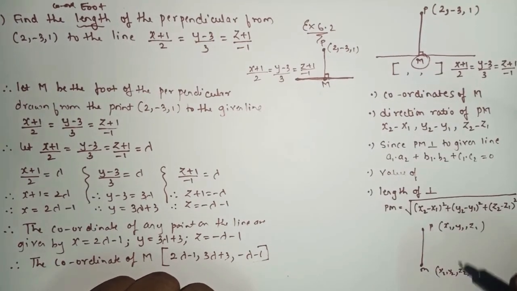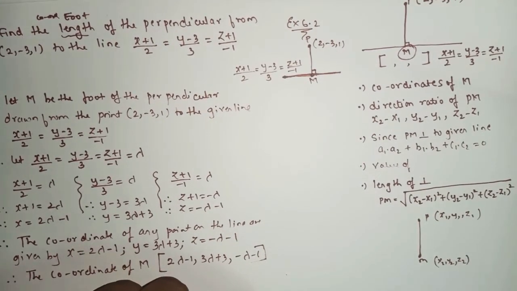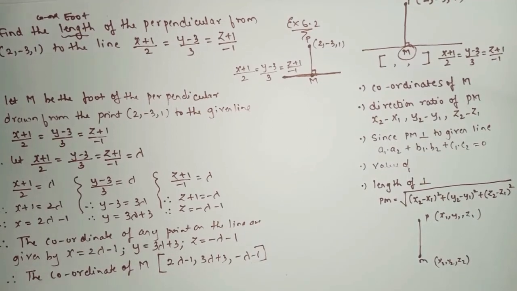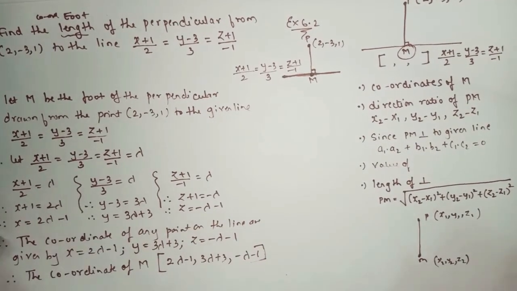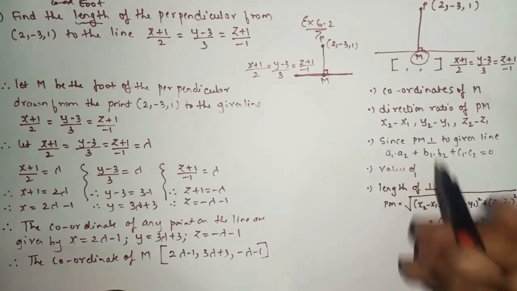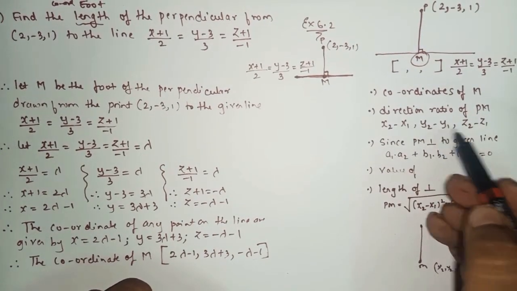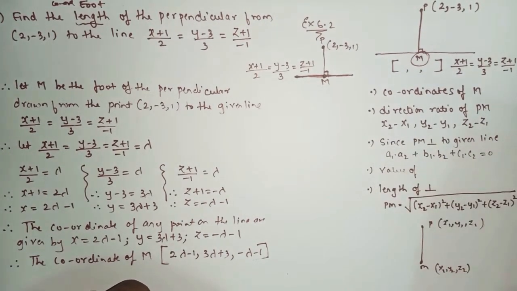And we know how to find the direction ratio of a line when you have two points, yes or no? I explained all this in the first video lecture. The direction ratio is x2 minus x1, y2 minus y1, and z2 minus z1, yes or no?